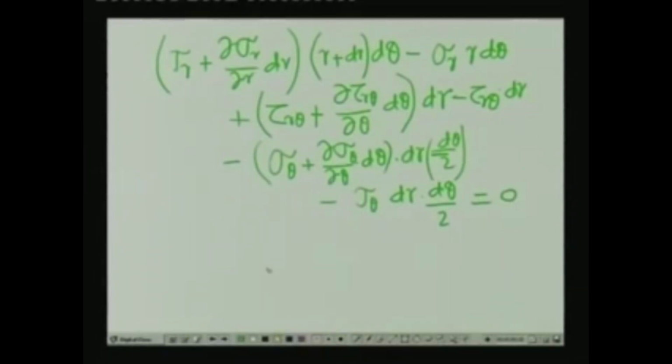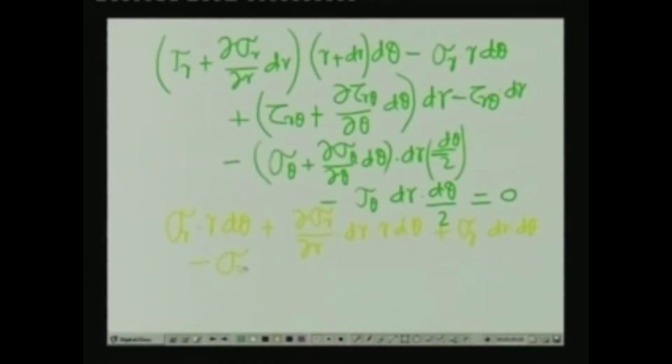Hence, on simplification this gives sigma r times r d theta plus del sigma r del r dr into r d theta. Now, when we multiply with dr, we have plus sigma r dr d theta. Now, this particular term, when multiplied with dr d theta, will have a term dr squared, and since this is small we neglect that term.